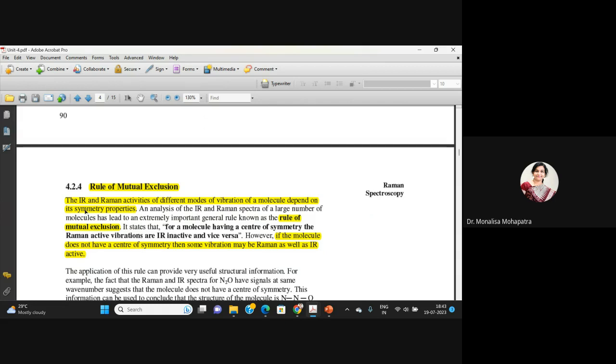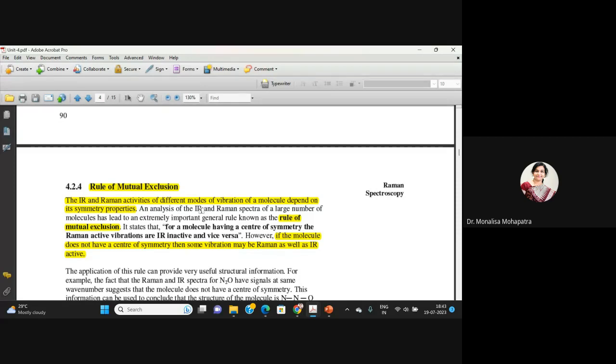The IR and Raman activities of different modes of vibration of a molecule depend on its symmetry properties. Now you are going into inorganic chemistry, where you might have studied the symmetry chapter, group theory, whether the molecule is symmetric or not.